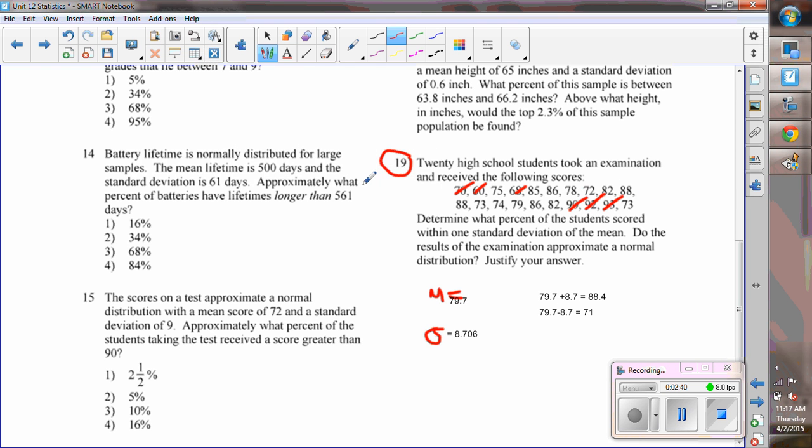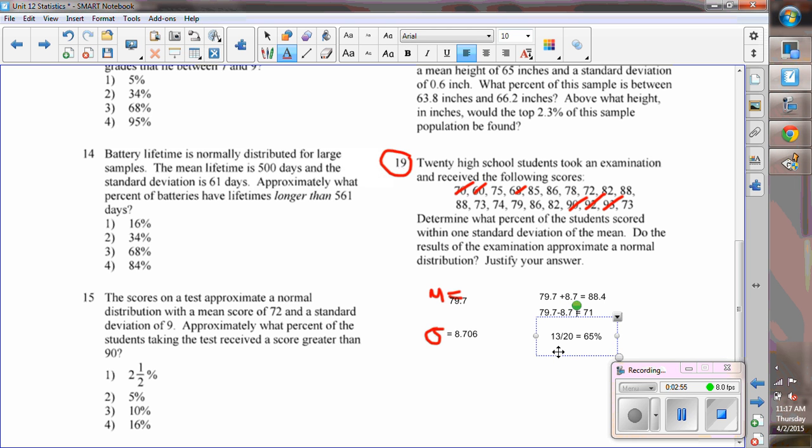So now we need to figure out how many scores we have left. We have 1, 2, 3, 4, 5, 6, 7, 8, 9, 10, 11, 12, 13. So we have 13 scores out of 20. And that gives us 65% of the scores are within that range.